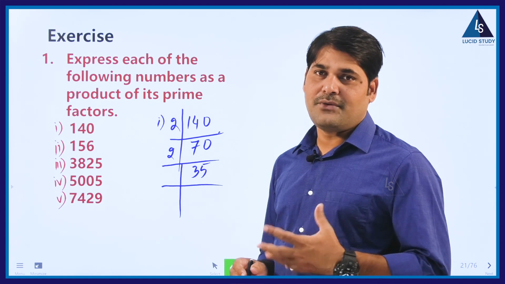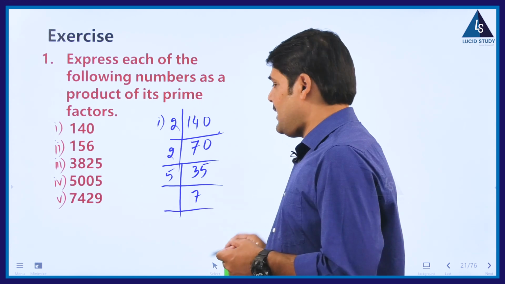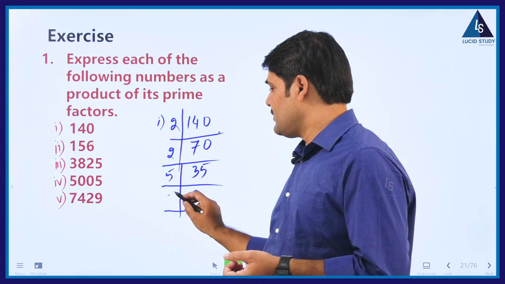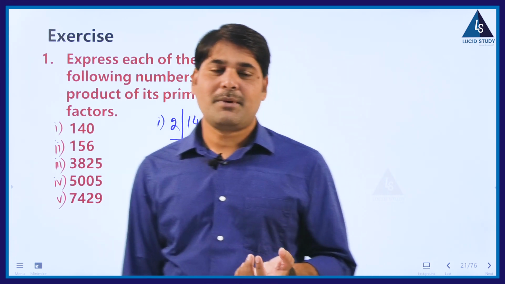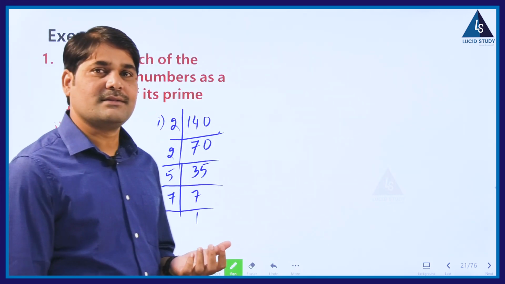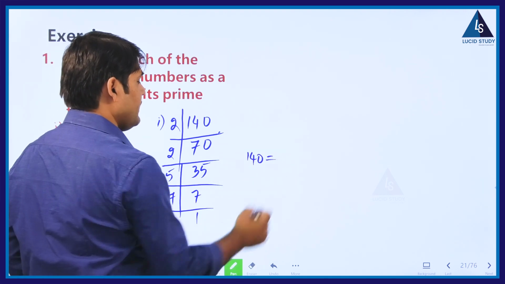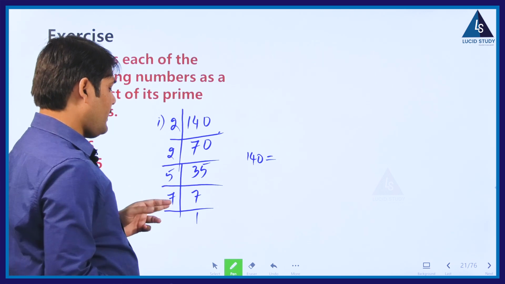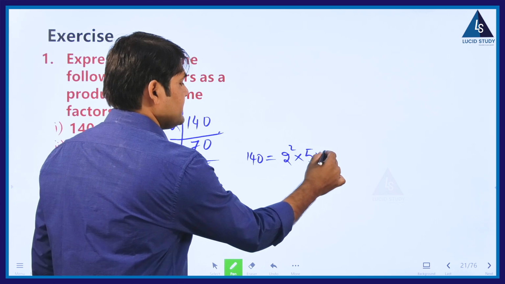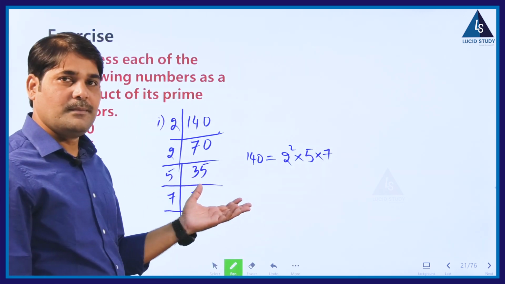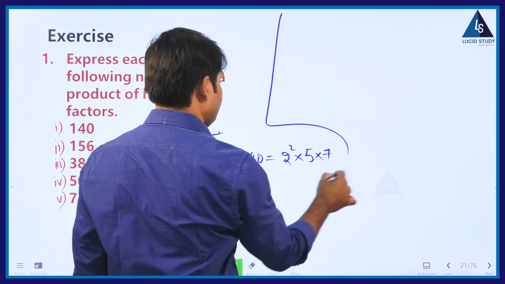Again 35 is in the 5 table, so 5 7s are 35, and 7 will be in the 7 table, so 7 1s are 7. Now how can I represent 140 as a product of prime factors? 140 is equal to 2 into 2 into 5 into 7, so 2 square into 5 into 7. That's all.